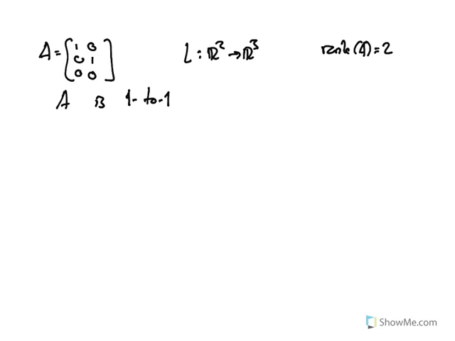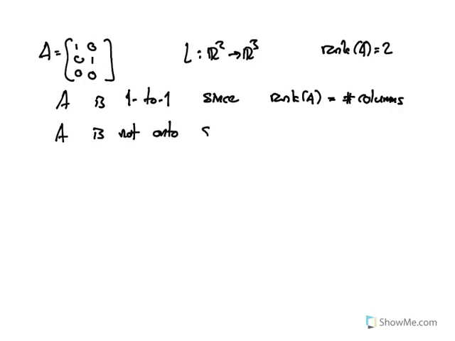There are 2 pivots. So A is one to one, since rank of A is equal to number of columns. But A is not onto, since the rank of A is less than the number of rows.